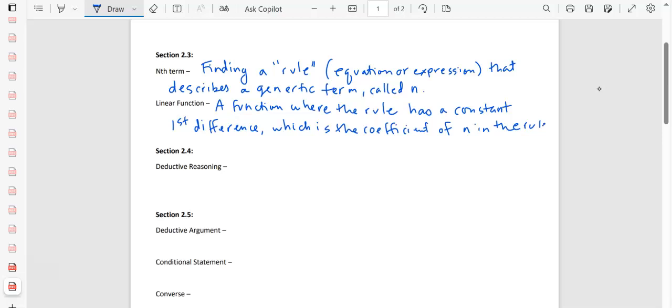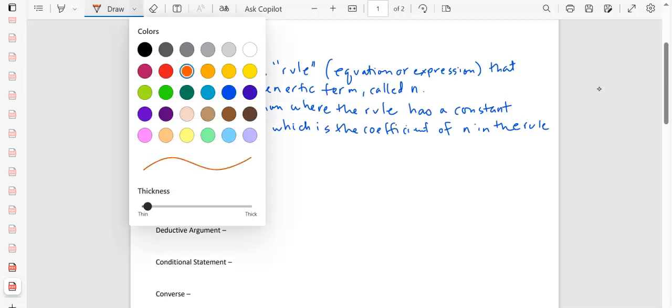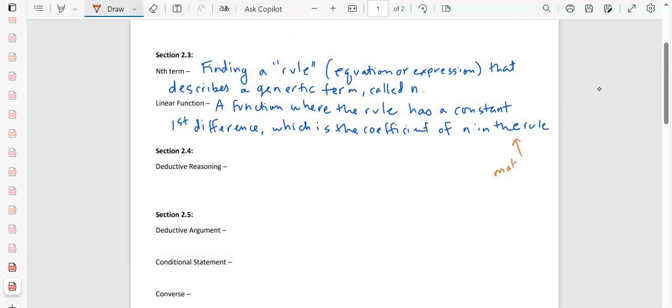The other things that we should have remembered about linear functions, because everybody here has been through Algebra 1, is remember linear functions make a line in the plane when graphed. And also, all variables are to the first power.